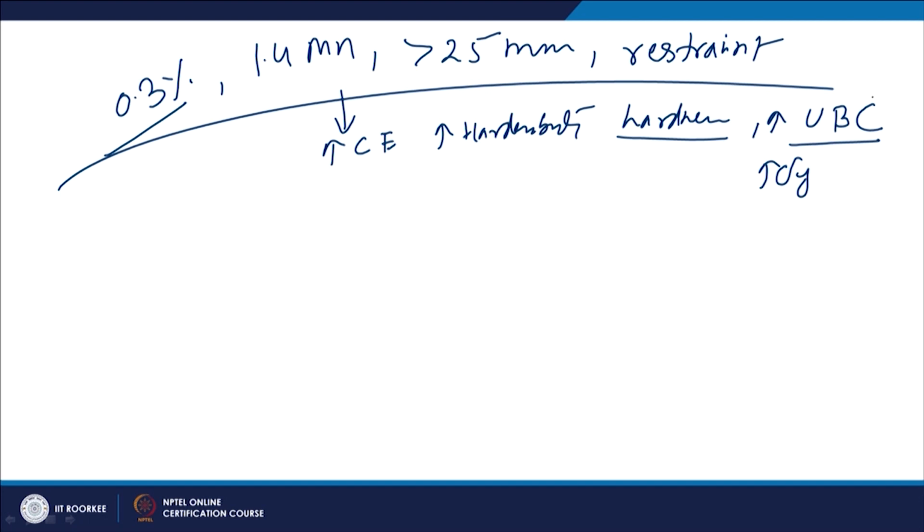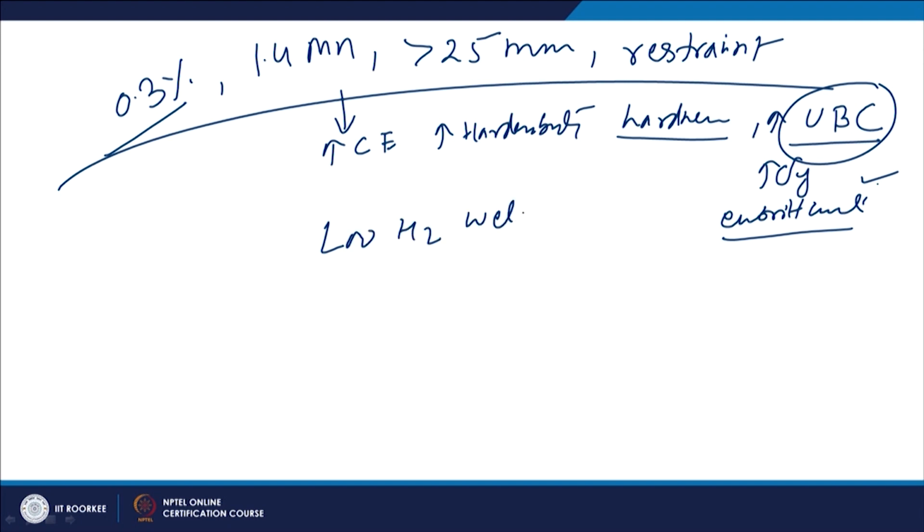So, in order to avoid the underbead cracking and the possibility of embrittlement, it is sometimes required to use a low hydrogen welding procedure, which means we will be using all such consumables which will lead to the minimum hydrogen content in the weld metal, very effective cleaning, preheating, post heating as per the requirements, so that the hydrogen really can be taken care of.